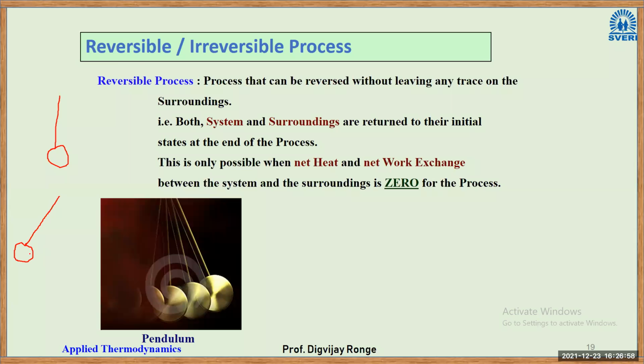The pendulum will start to swing from this end to that end, right? And it can go on for a number of days or months, because the friction at the tip, the friction at this point, will determine how long the pendulum can swing. Okay. This is again a very near example of reversible processes.